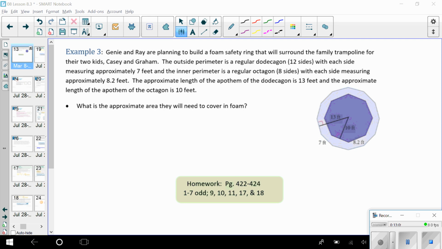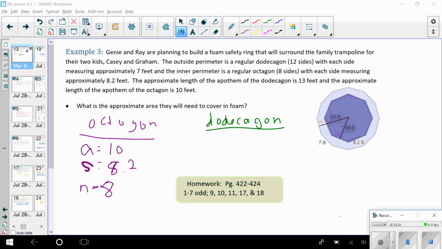So we need to find the area of both of those. We're going to find the area of the 12-sided figure and subtract the area of the 8-sided figure in order to get the area of the foam that they're going to need to cover around the trampoline.